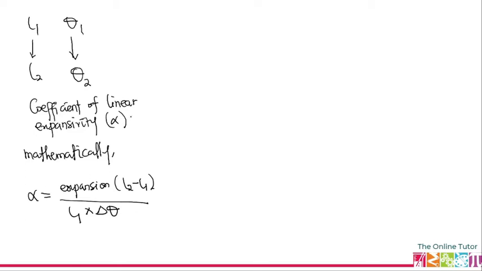So you can define coefficient of linear expansivity alpha as the increase in length per unit length for each Kelvin rise in temperature of that particular substance. This means alpha is equal to L2 minus L1 over L1 multiplied by the change in temperature, which is theta 2 minus theta 1. So this is our formula for linear expansivity.